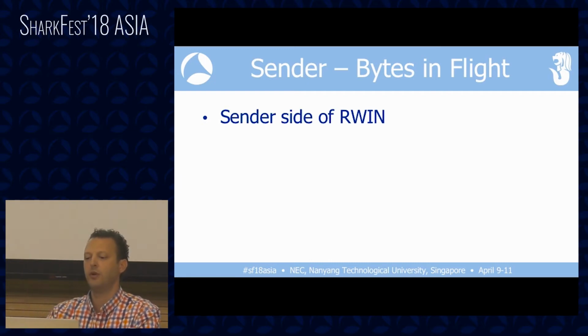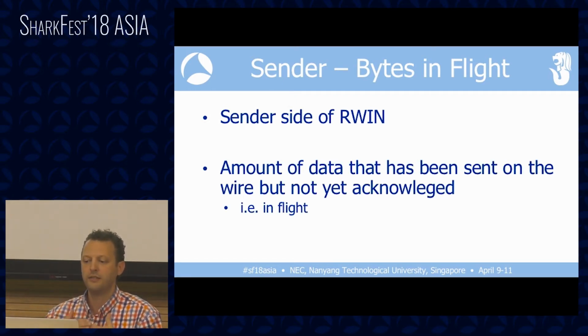I know the receive window is 64K. I know there's a latency of almost 100 milliseconds. So I know that I can send 64K, and that's all I can do. So that is data that has been sent but not yet acknowledged, meaning the data has to go all the way across to the receiver.